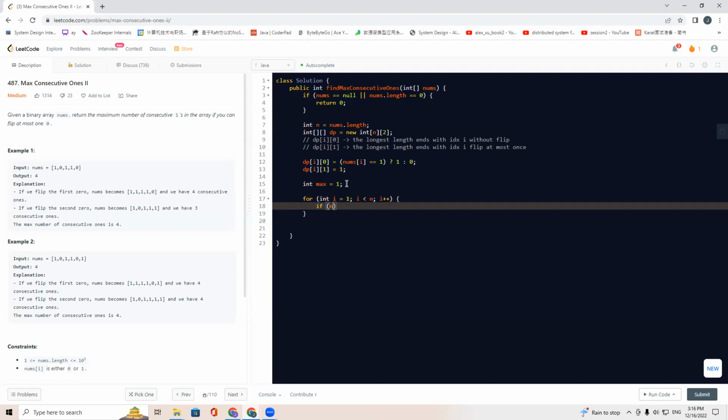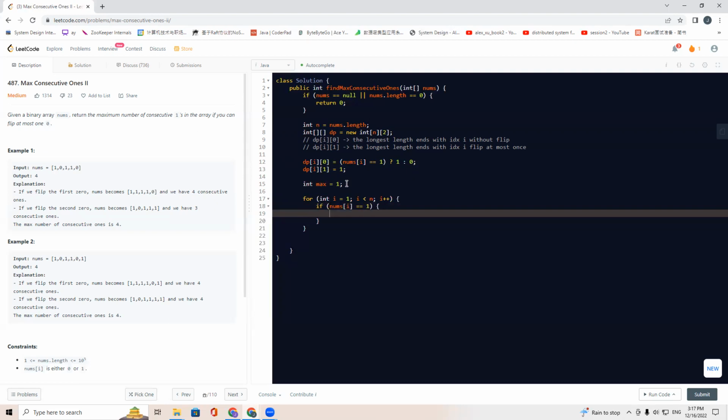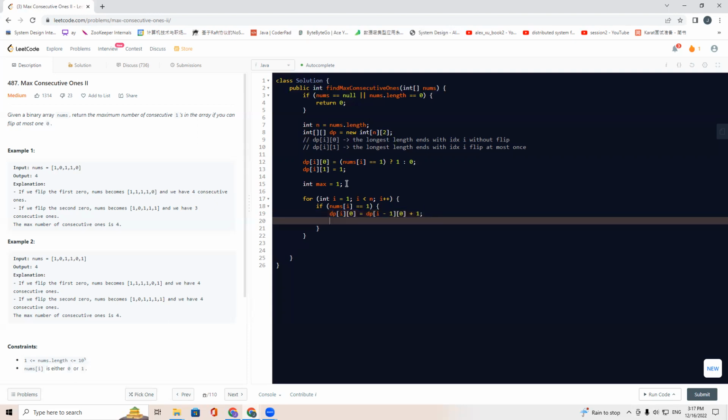If nums[i] equals 1, we have dp[i][0] equals dp[i-1][0] plus 1, and dp[i][1] will be, we can have a max, for example max of dp[i-1][0], dp[i-1][1] plus 1, right?